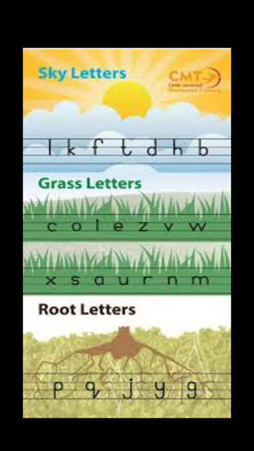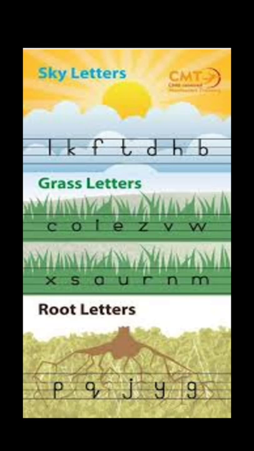C, O, I, E, Z, V, W, X, S, A, U, R, N and M. Now as you can see, they all are coming in middle 2 lines. So grass letters are those who can come in middle 2 lines.